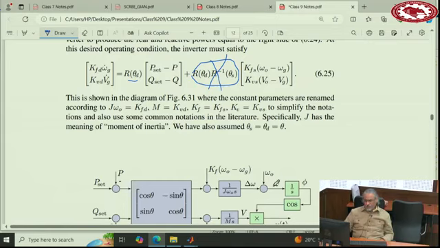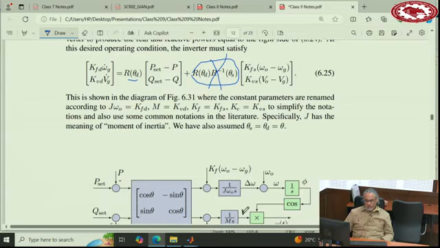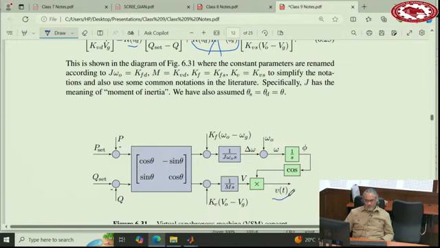Once you have frequency, you integrate it, it gives you phase angle, and then cosine of that phase angle multiplied by V gives you voltage. If your converter generates this voltage at its terminal, it has implemented these equations and the grid support functions.